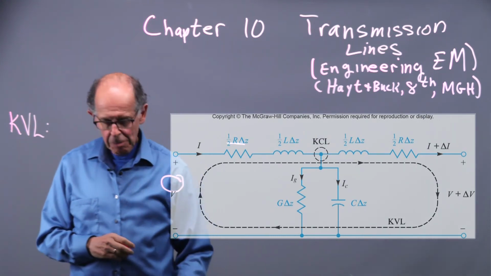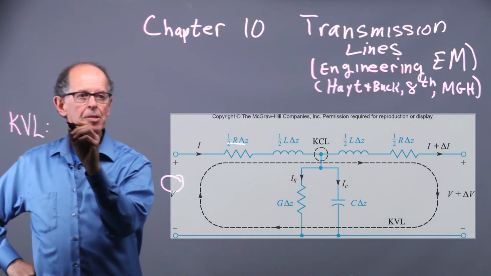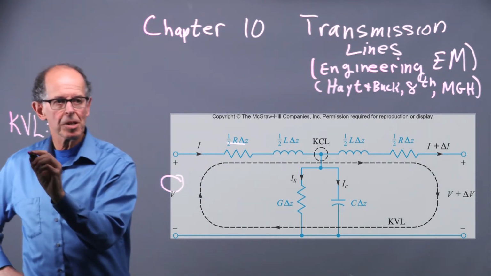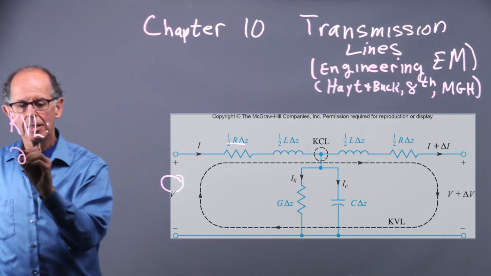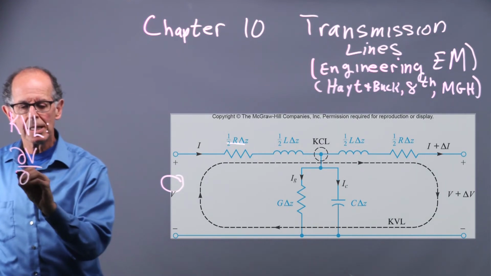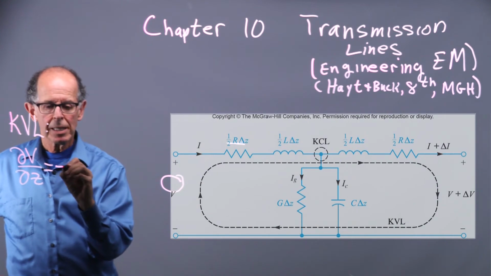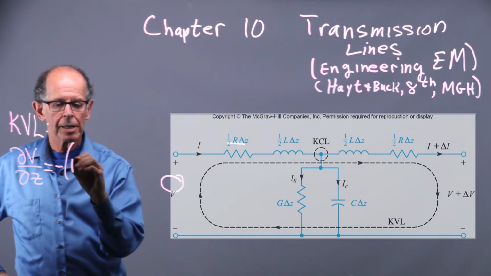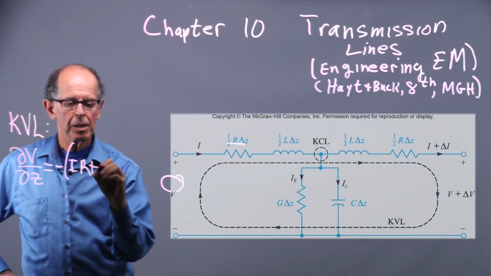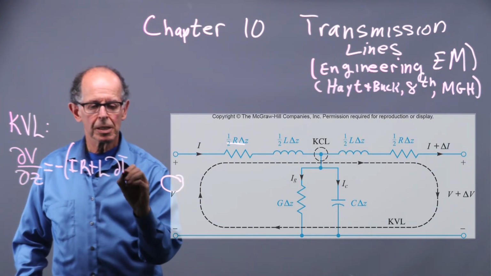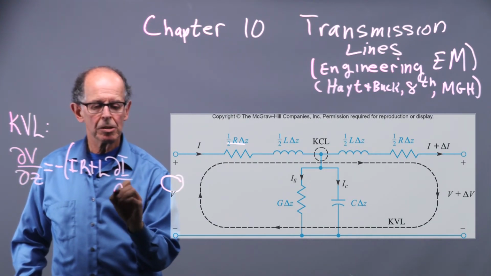And that's going to be a class exercise. And when we do it, we'll get something that looks like this. dV/dz is equal to minus IR plus L partial dI/dt.